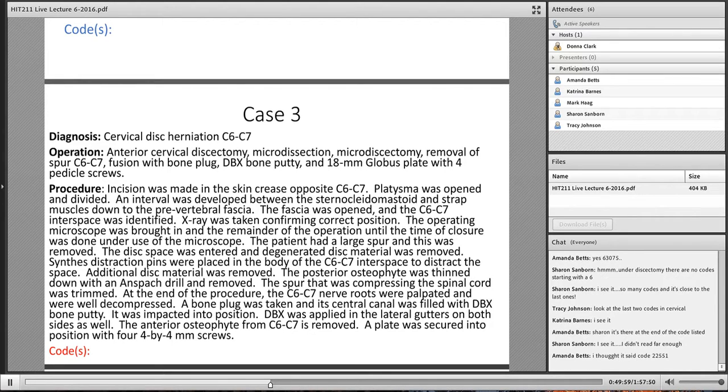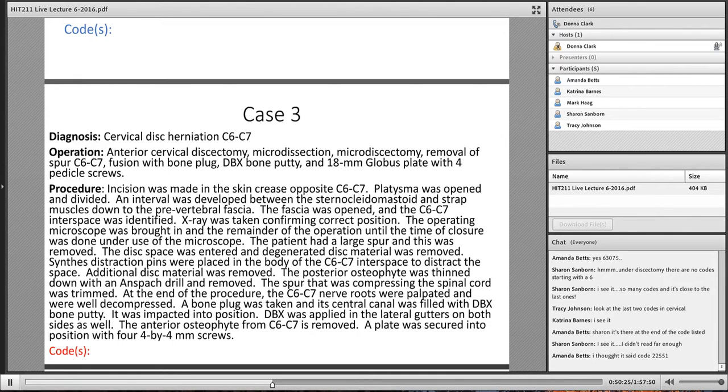That is occurring between the interspaces. So like we're talking about in our code, we have what are we in? C6 to C7, where we do have a fusion, right? So if we went back to that 63075 code, it says we cannot report 63075 and 22554 together. So arthrodesis is nothing other than the fusion portion.